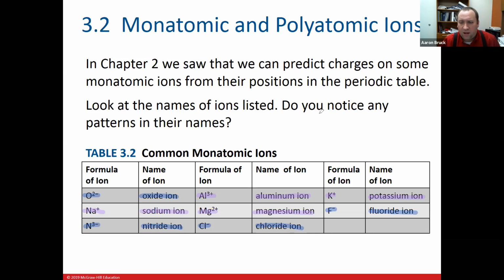All right, a couple of ideas coming through here. David says that all of them are negative, and that's true. We know that from their position on the periodic table. Adria says they're all IDE. What does that mean? Yes. All of the nonmetal ions have had their endings changed.